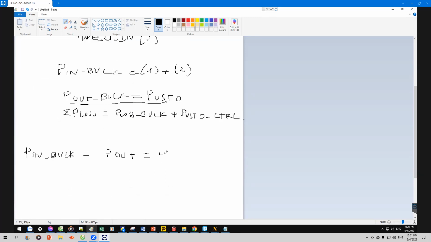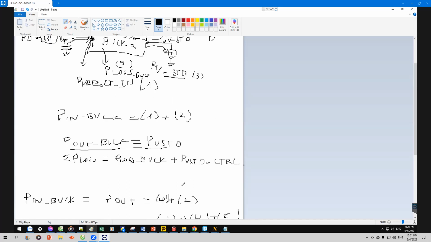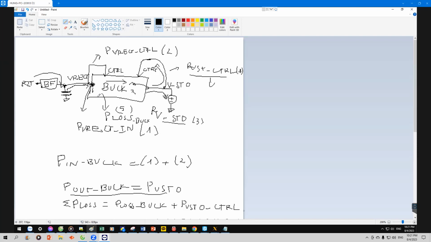It will be 1 plus 2 will be equal to 3 plus 4 plus 5, right? Total input power should be equal to total output power.